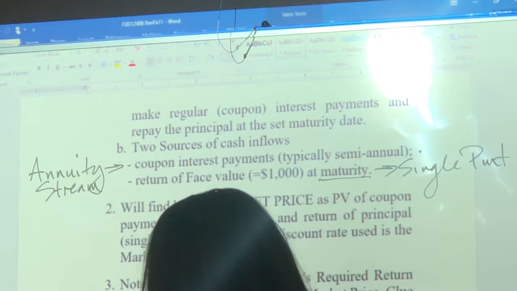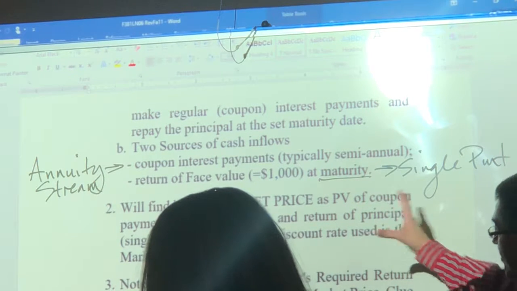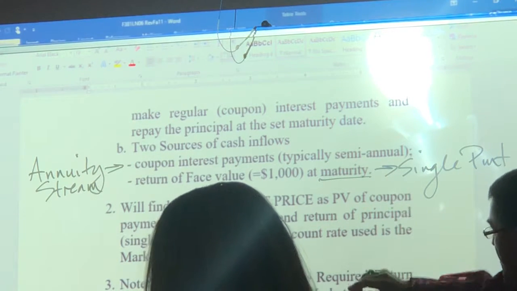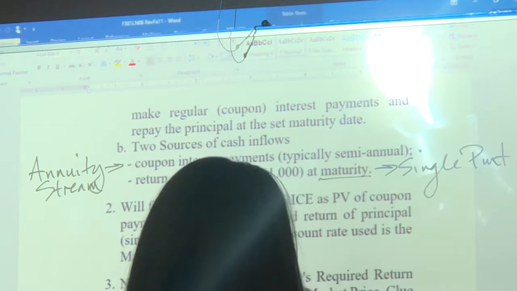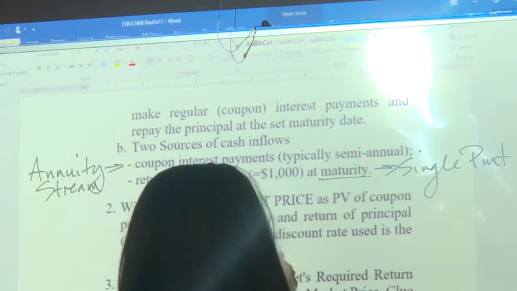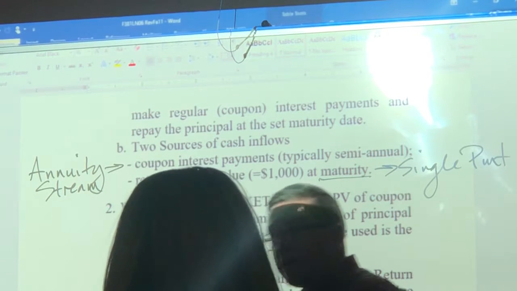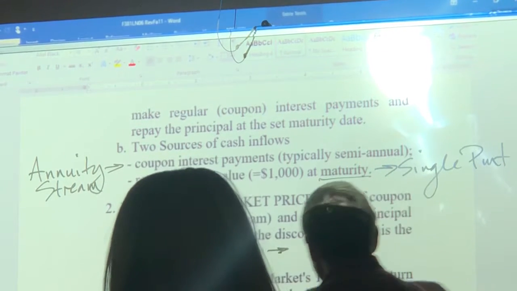Bond market price can be found as the present value of those two sources of income, where the discount rate used is the market's required return, which again has a specific name. It's called the yield to maturity.